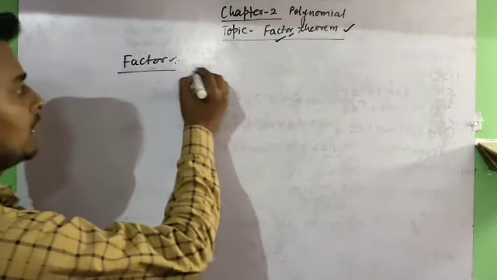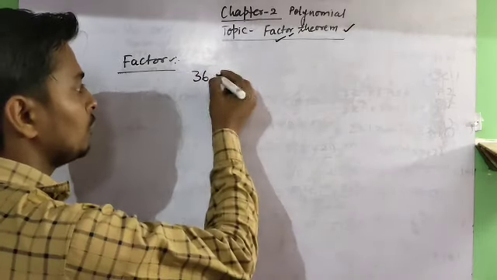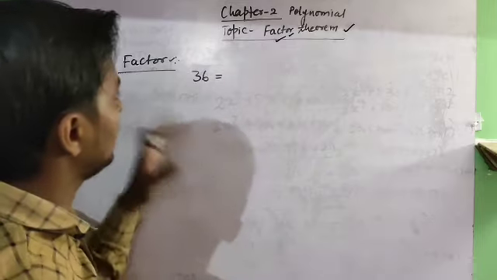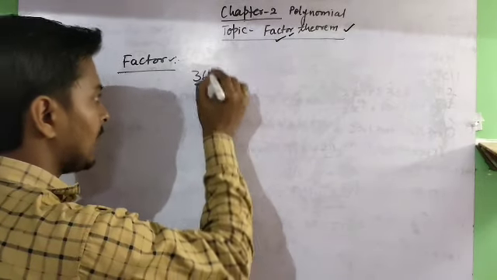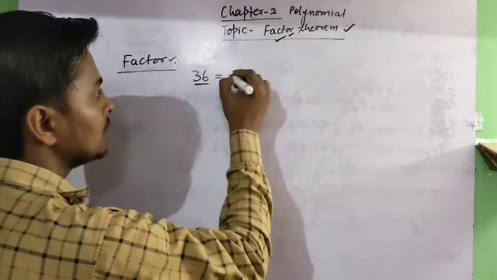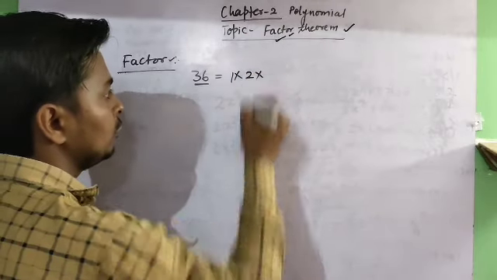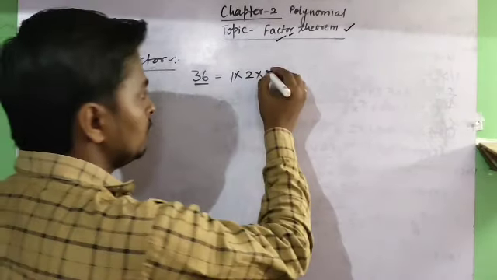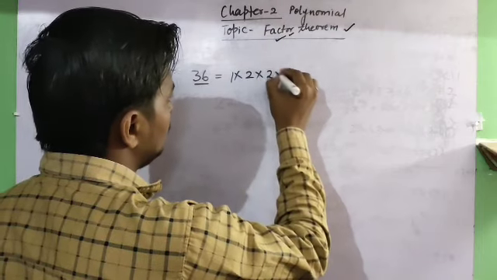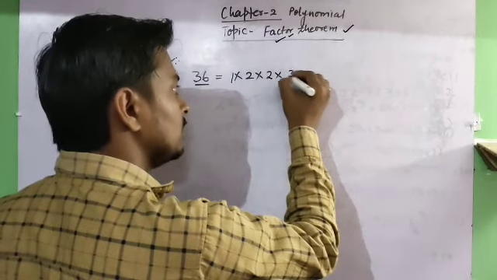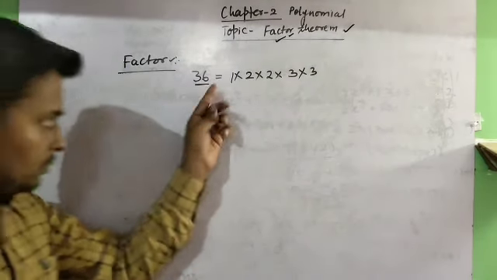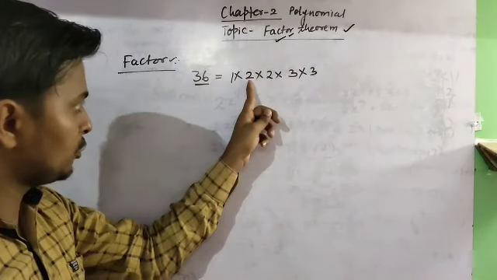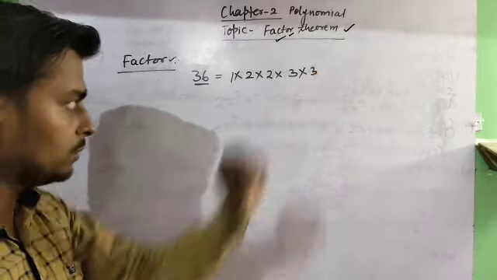Simple things, suppose 36 is a number, so by doing the prime factorization or writing it as a product of numbers, this is 1 into 2 into 2 into 3 into 3.